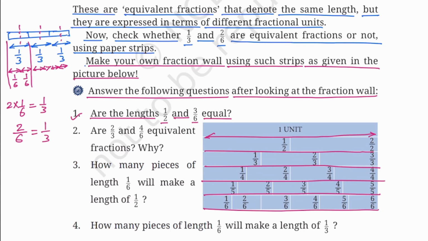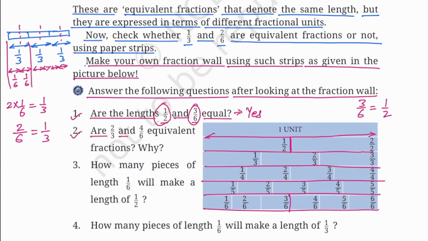It is asked, are the lengths half and 3 by 6 equal? Half is here, 3 by 6 is here. So you can say yes. 3 upon 6, if you divide numerator and denominator by 3, you will get half.